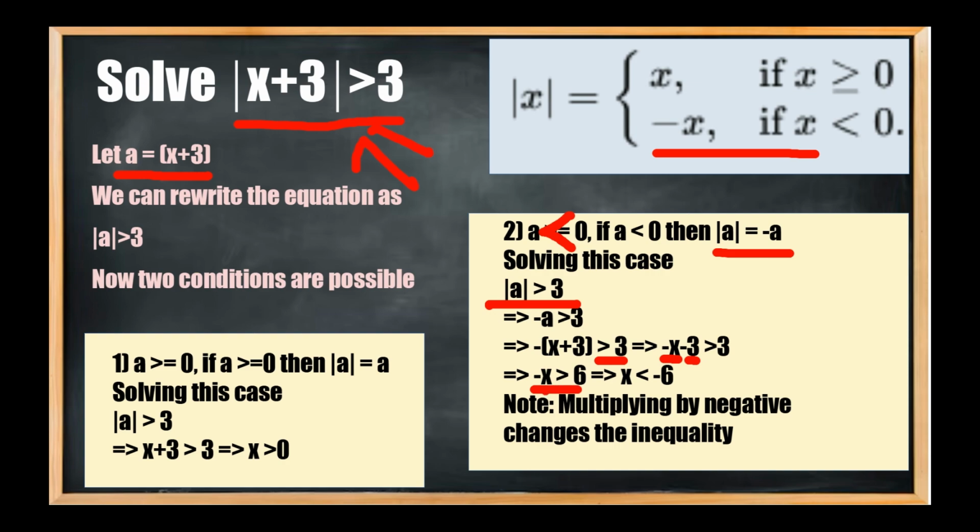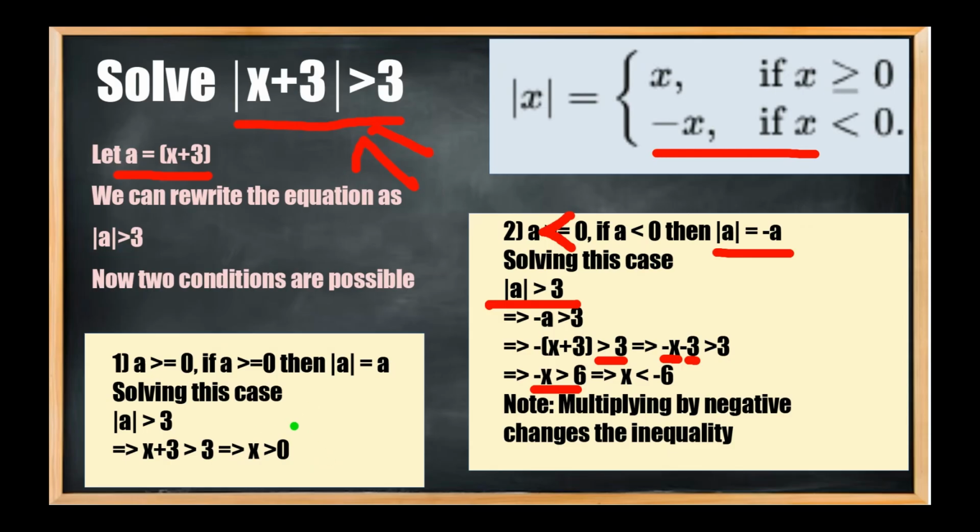Now, when you multiply an inequality by a negative sign, the inequality changes its sign. So if you multiply both sides by negative 1, the left-hand side becomes x, the right-hand side becomes negative 6, and the inequality changes sign. Earlier it was greater than, so it becomes x is less than minus 6.